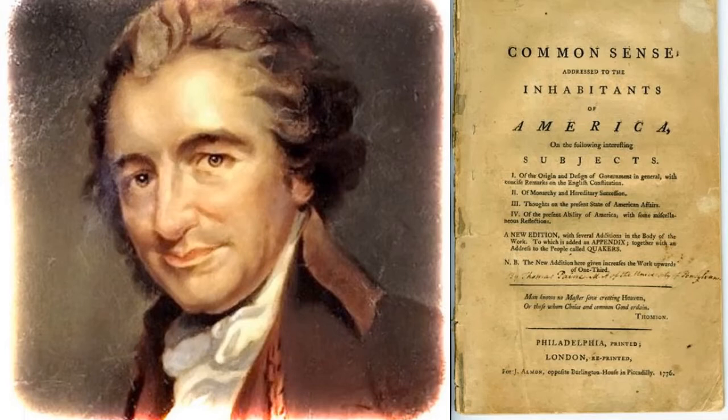But his pamphlet Common Sense became hugely popular and was read throughout the colonies and was cited by many as the intellectual justification for revolution. Remember that the Americans at first were simply fighting for what they believed to be their rights as Englishmen, but eventually, after Thomas Paine's Common Sense, many Americans began to argue that their needs would best be served by independence.